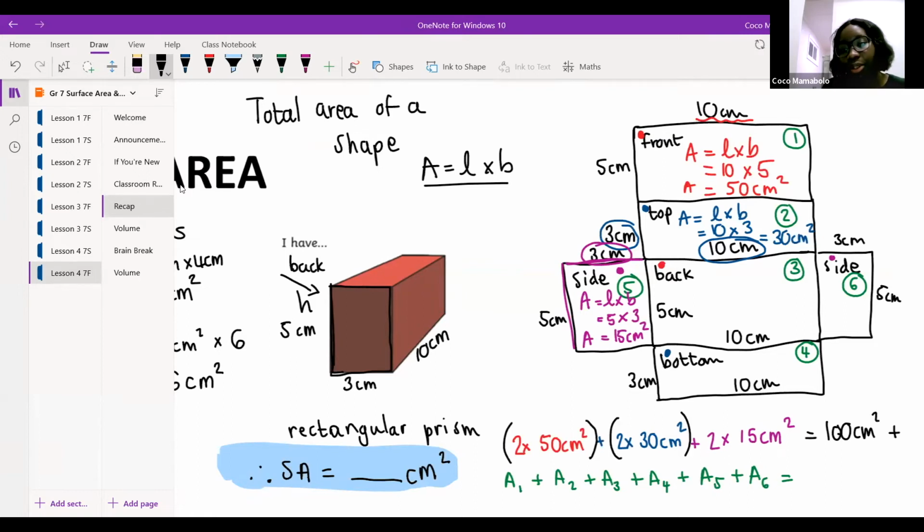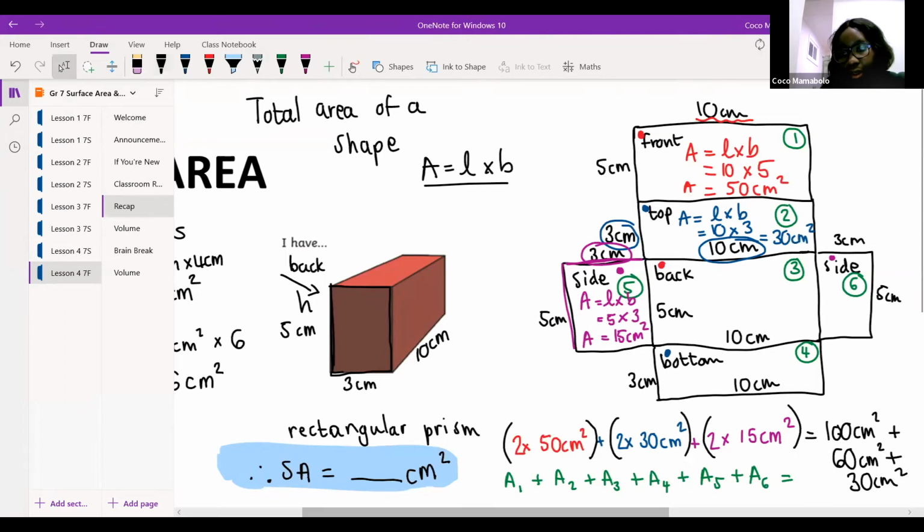How much is 2 times 30? 60 centimeters squared. Good. Don't forget my squared. Plus this last part here, what's 2 times 15? 30 centimeters squared, ma'am. Good. And then I just add them all together. How much am I going to get? 190 centimeters squared. That's it.